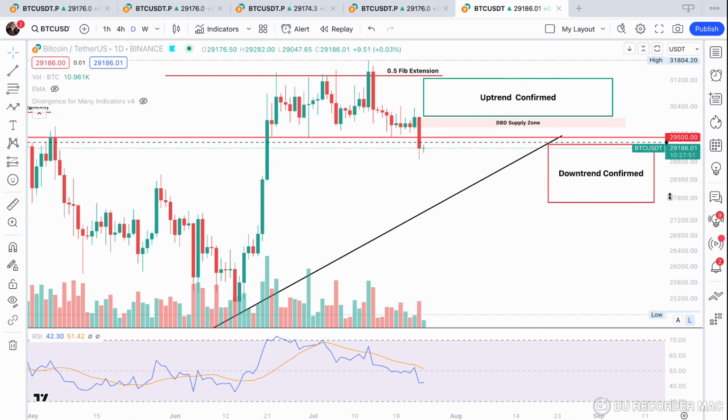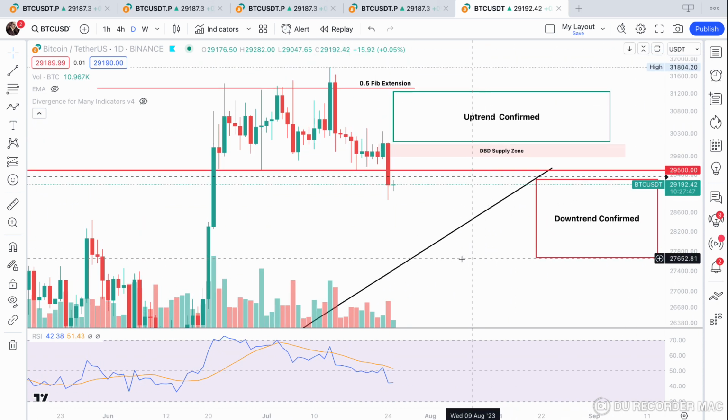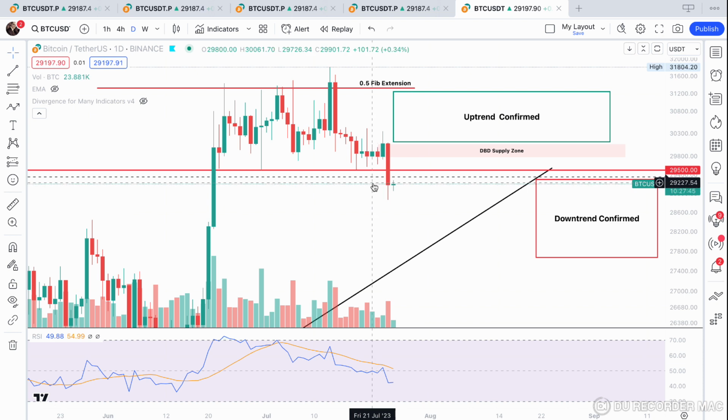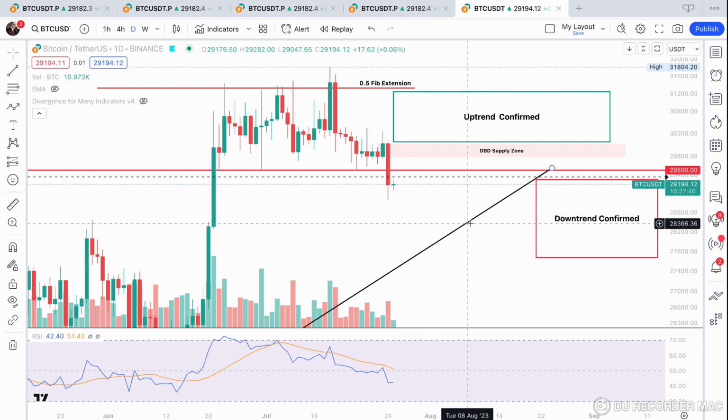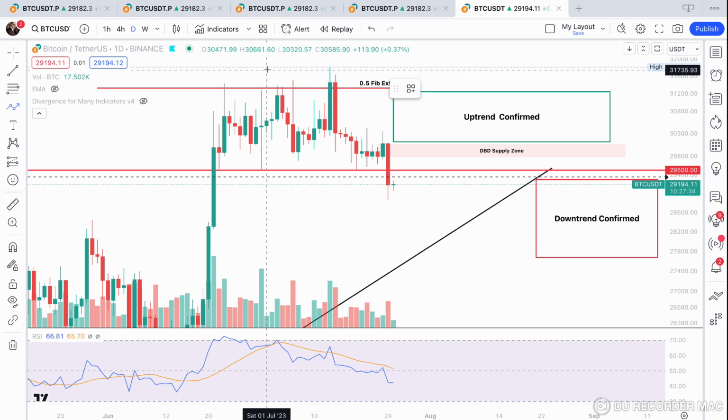Below the trend line the downtrend is confirmed; above the trend line a continuation is still possible. The uptrend is confirmed only when Bitcoin makes a higher high.